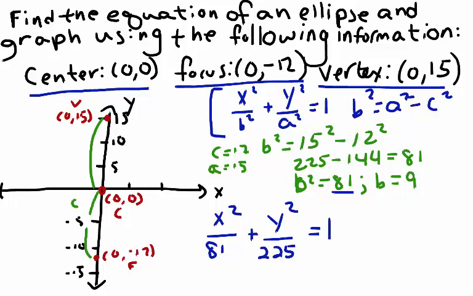Since b equals 9, we know that the distance from the center to an endpoint along our minor axis is 9. So we have 9, 0, and negative 9, 0 for the endpoints of our minor axis.